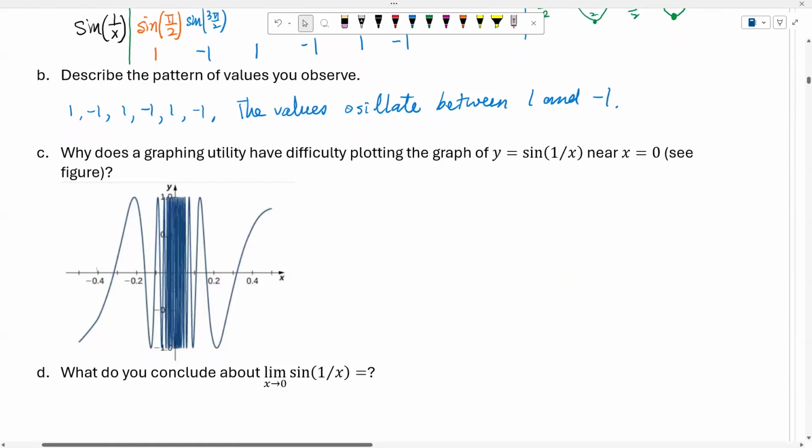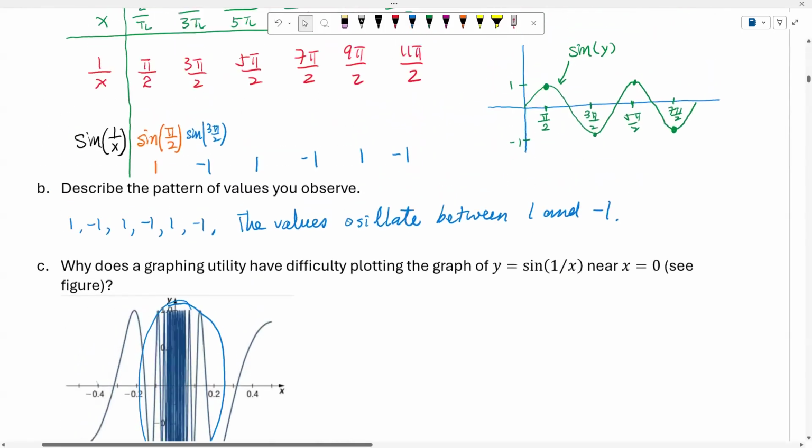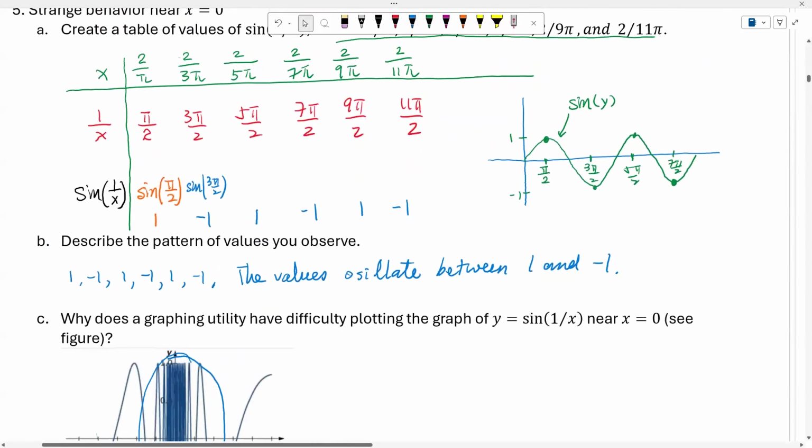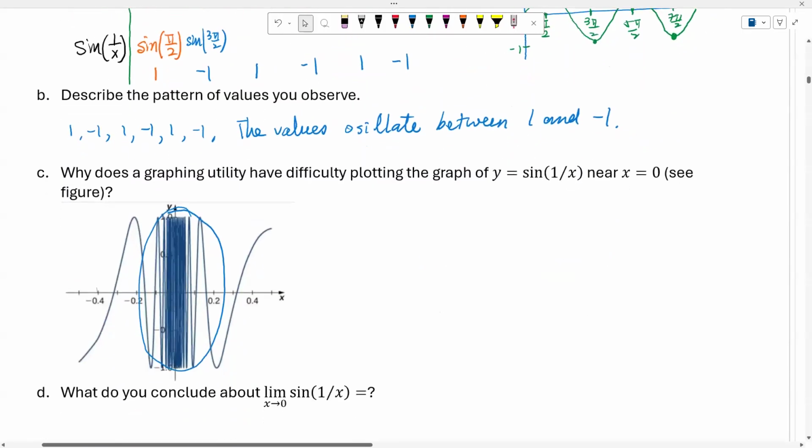If you graph the function y equal to sine of 1 over x, or if you look back at the table, do you see that the numbers you have, 2 over pi, 2 over 3 pi, 2 over 5 pi, the number x is approaching 0? The x is getting closer and closer to 0.